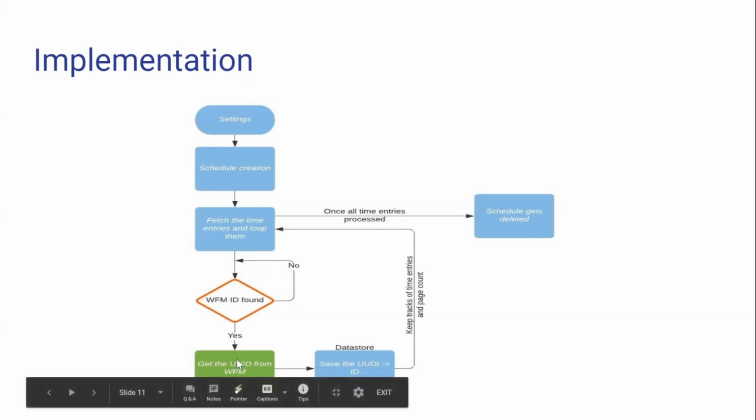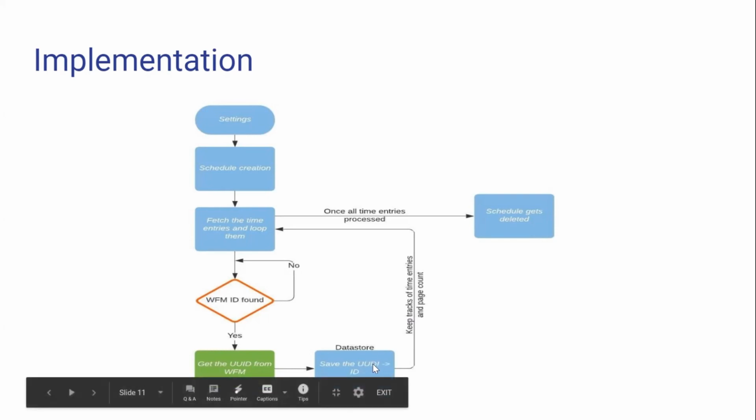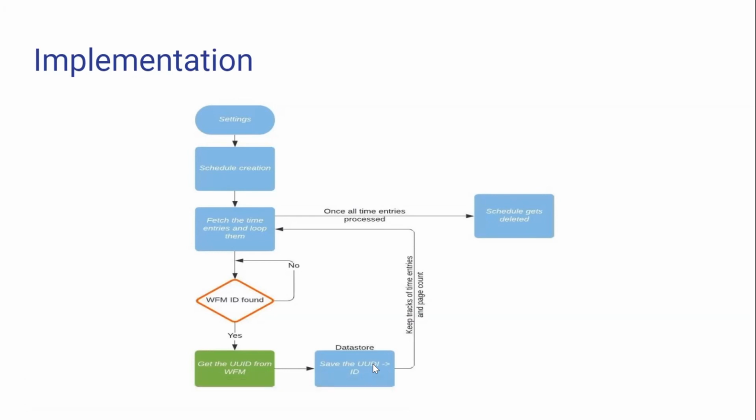Once it is found, we fetch the corresponding UDID from Workflow Max using the API, and save that UDID again in the same database, to the same time entry key along with the ID, so that we could use this UDID when we develop a newer version which supports the V3 app.